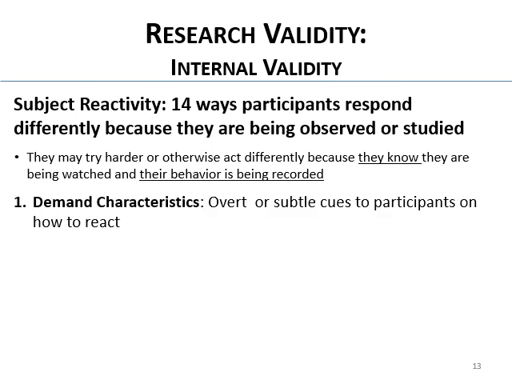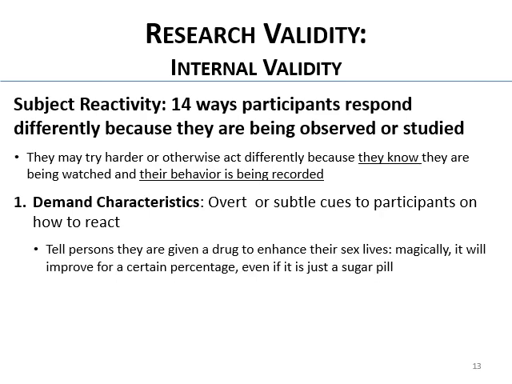So for example, the first one is what we call demand characteristics. And this is when the data collector or the experimenter gives, it could be overt, but typically it's subtle cues about how they expect participants to react, and the participants react accordingly. So for example, if you give people a drug and you tell them, hey, this drug's going to enhance your sex lives, you're going to find that magically, even if it's literally a sugar pill, for some portion of subjects, they're going to report that they have enhanced sex lives.